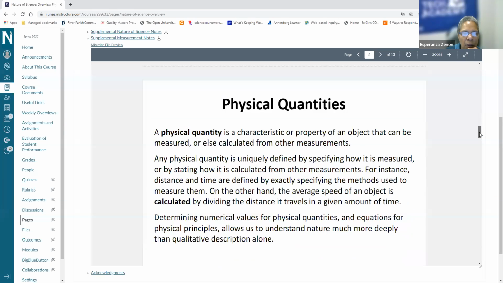As I mentioned to you, we're in a physical science class, and we focus on physical properties and physical quantities, and the key to those is that they can be measured or determined using other measurements. They're either base measurements or measurements derived from other properties.